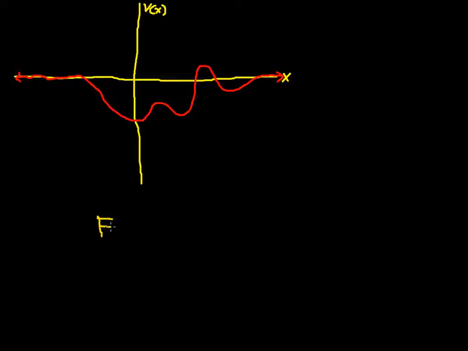But by Newton's second law, we know F equals ma, and F is a vector, a is a vector, right? And this is not just for conservative force.